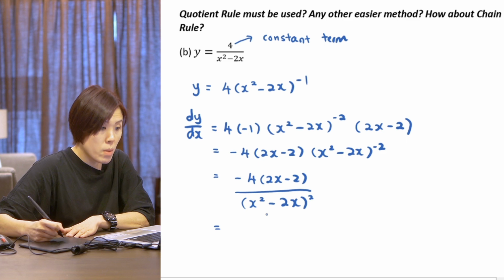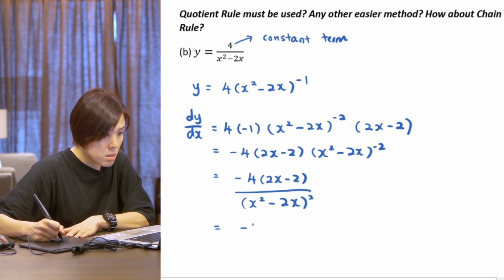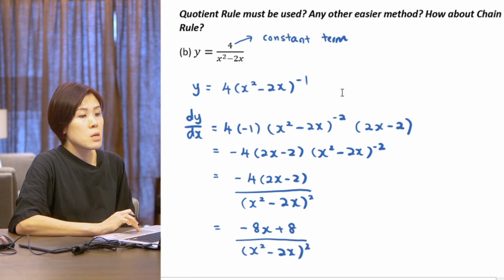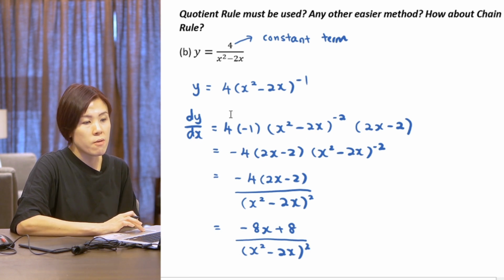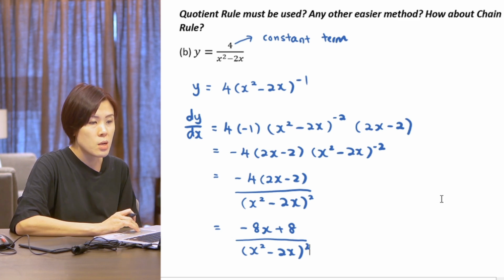And for the numerator, you can expand, and we will have negative 8x plus 8 over x squared minus 2x to the power of 2. So by putting into this form, we will be able to use the formula of chain rule instead of using the quotient rule.